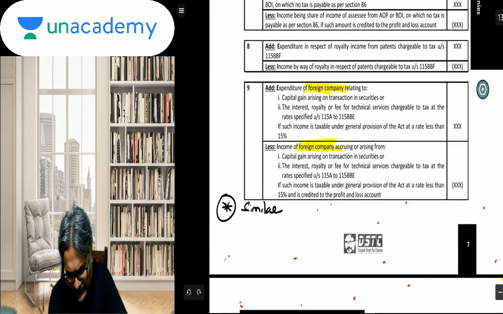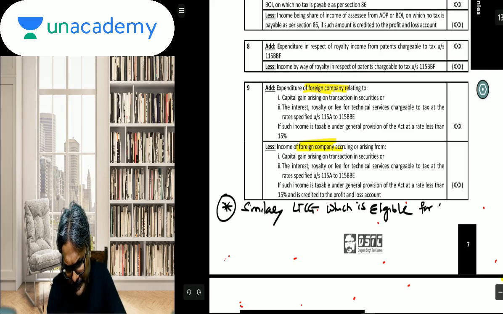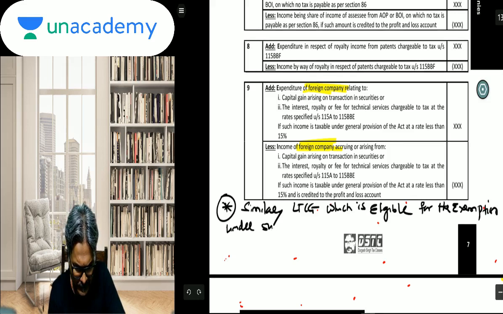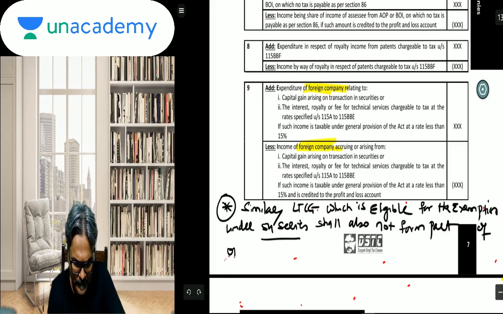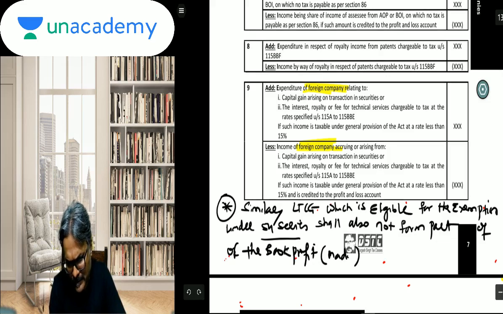Similarly, long-term capital gains which is eligible for 54 series shall also not form part of the book profit, in the bracket Madras High Court.